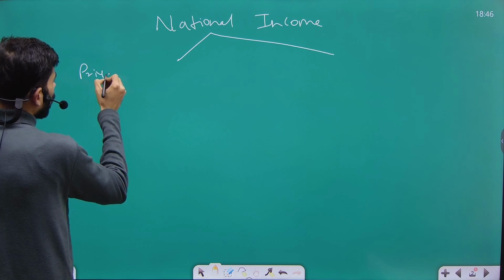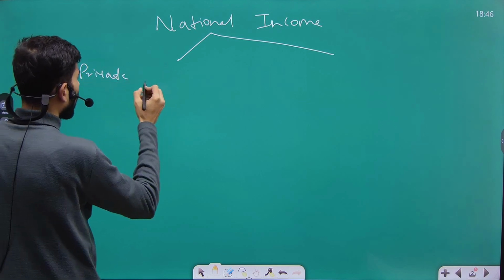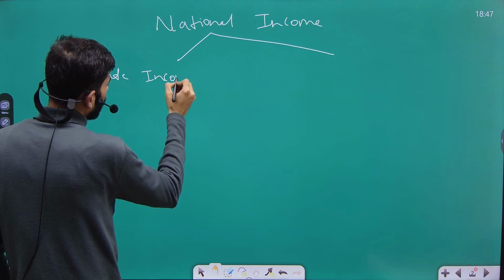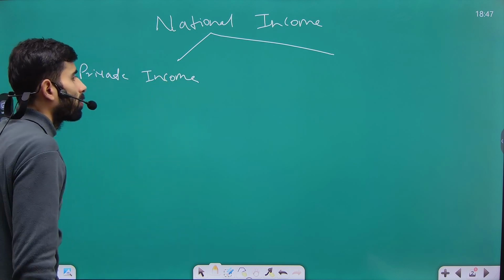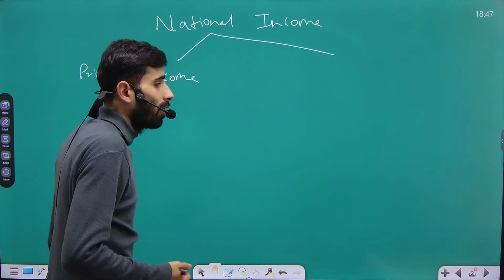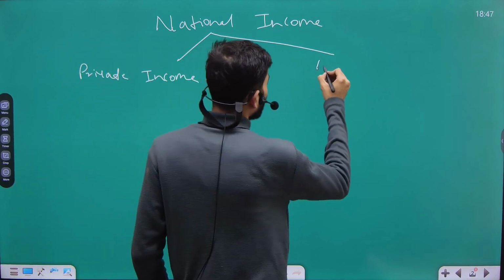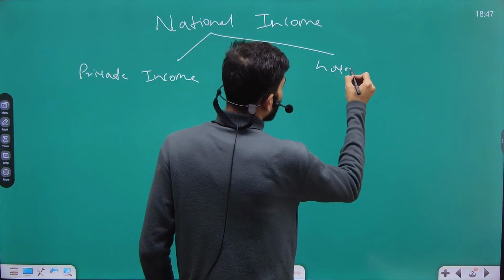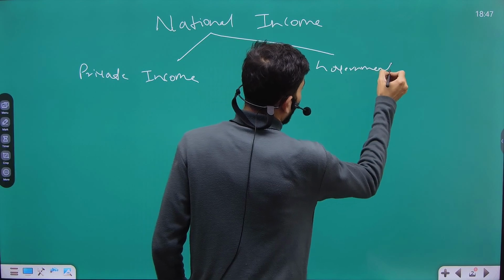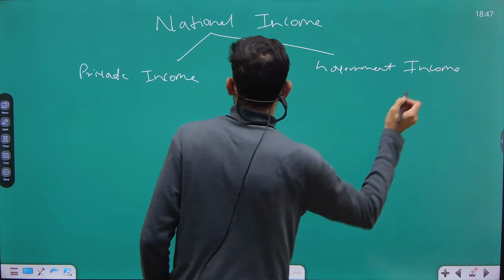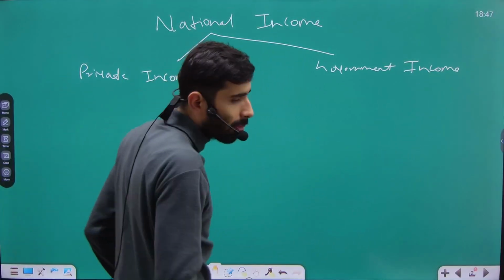Whatever portion of the national income goes to the private sector is known as private income. And whatever amount of income is not available to the private sector for their disposal is government income. Here, by private income we mean private disposable income.